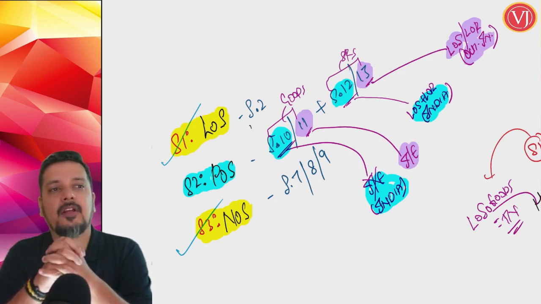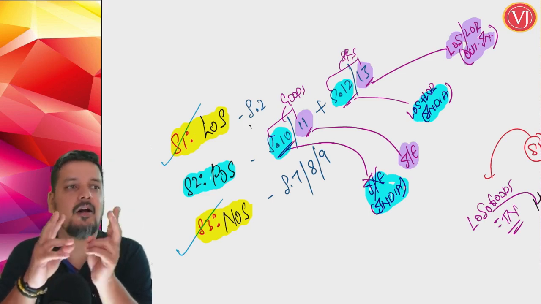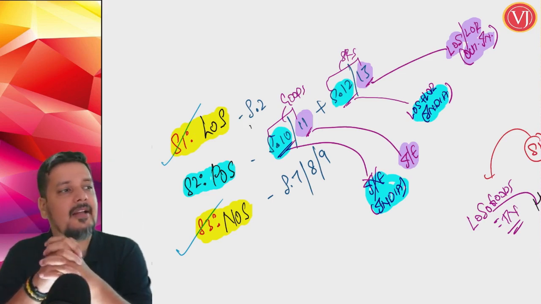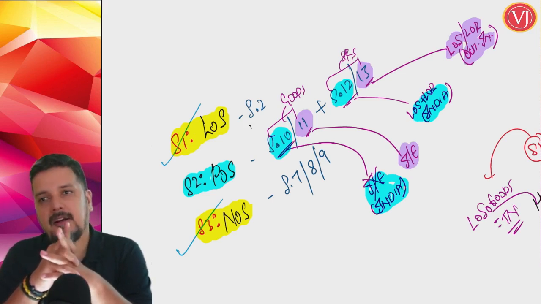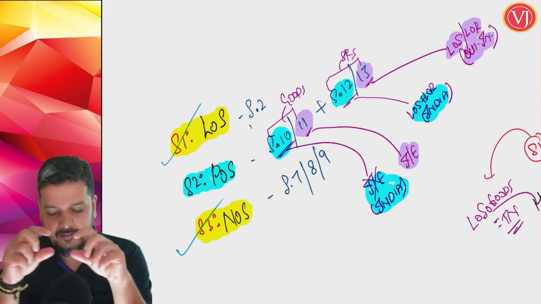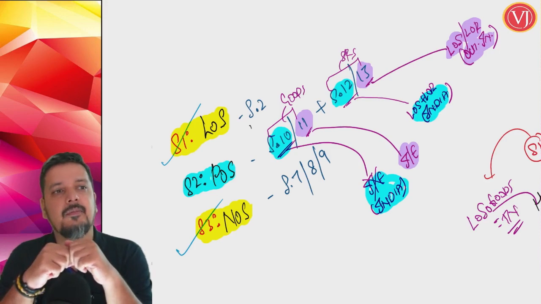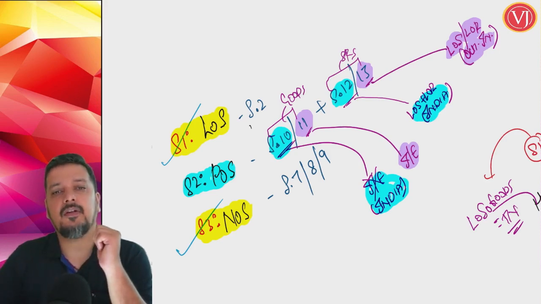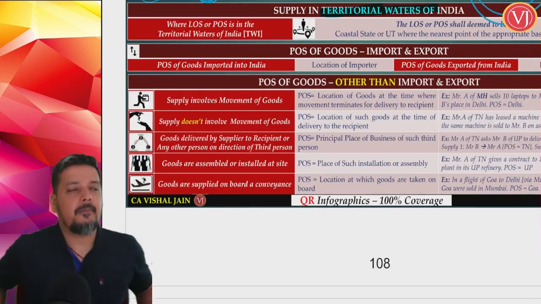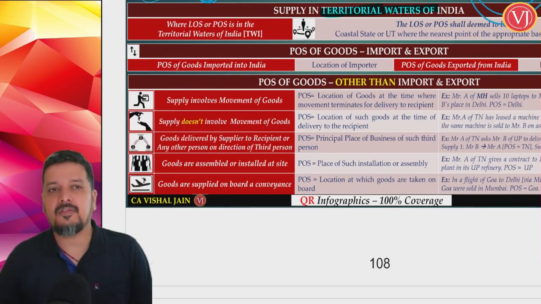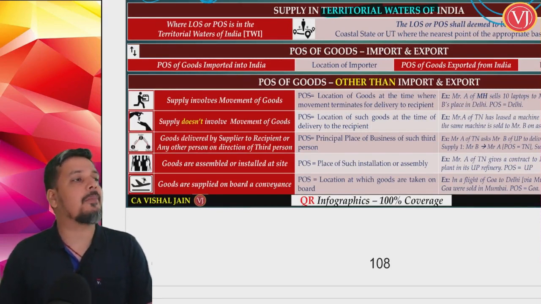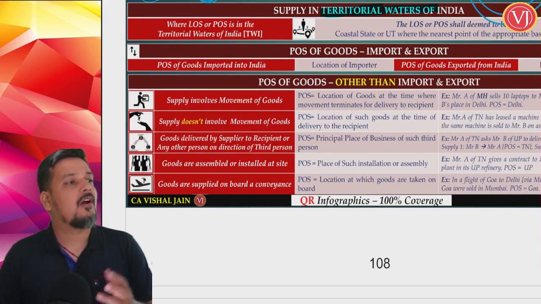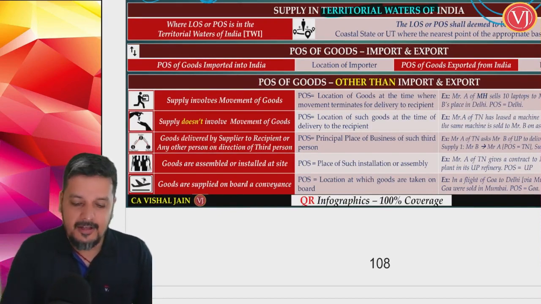International transaction of services, section 13: either location of supplier or location of recipient is outside India. So that is the outline of your place of supply step. Section 10 is place of supply for goods other than import and export; in simple language, place of supply for goods, domestic transactions.